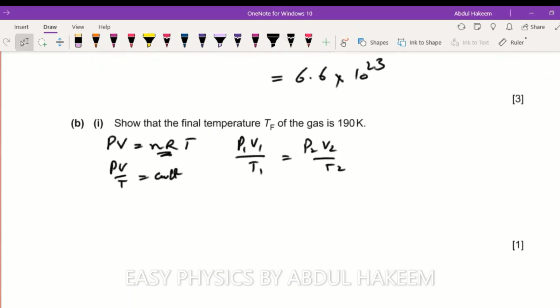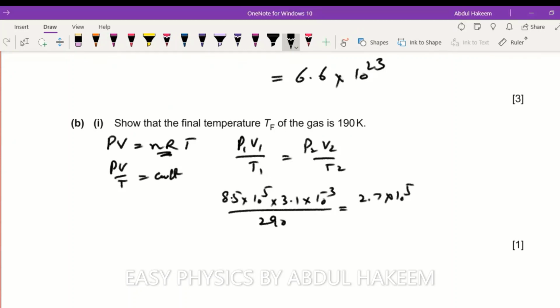Now, this P1 is 8.5 times 10 power 5, V1 is 3.1 times 10 power minus 3, the temperature is 290, and when the gas expands, its pressure is 2.7 times 10 power 5 times the new volume 6.3 times 10 power minus 3 and the new temperature required. So after the calculation, you will get the same answer, 190 Kelvin.